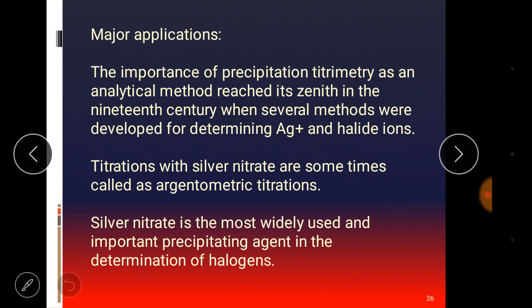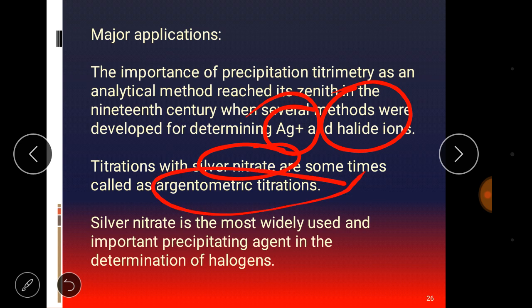Now, major applications of precipitation titration. The important application of precipitation titration is simply to determine silver ions and halide ions in inorganic and organic compounds. This is the major application we can see. Titrations with silver nitrate are sometimes called argentometric titration.